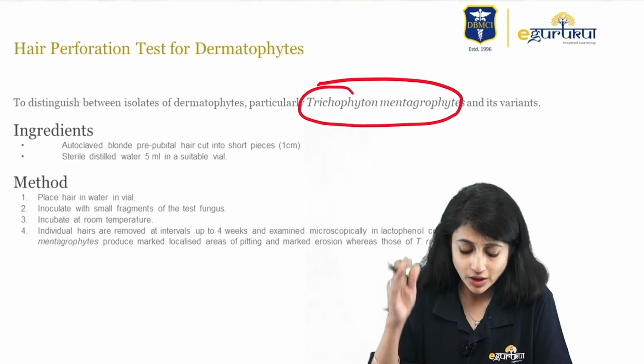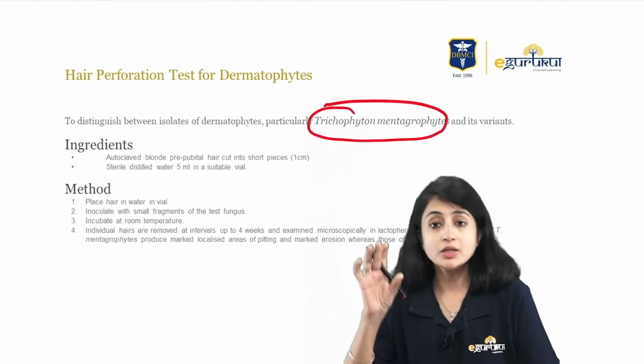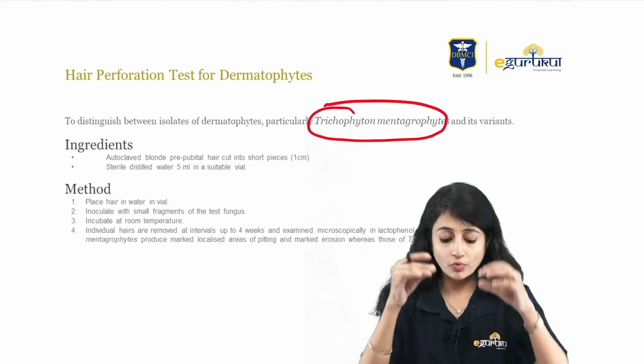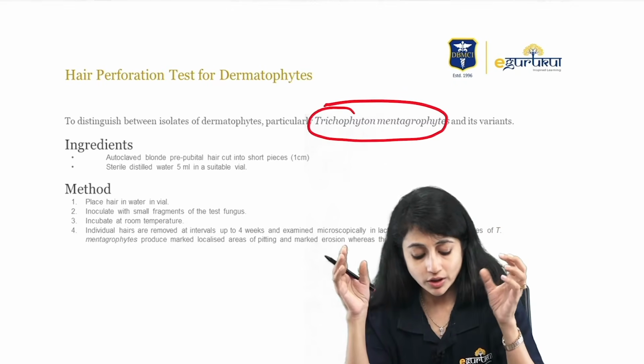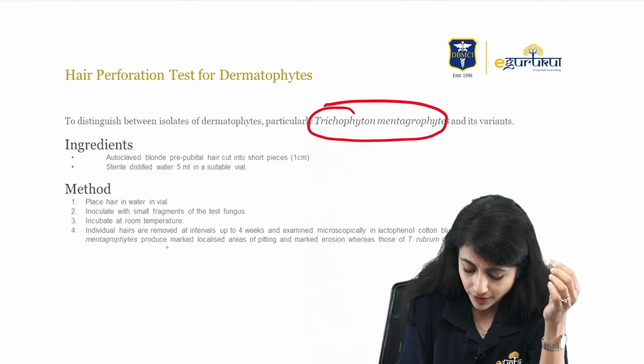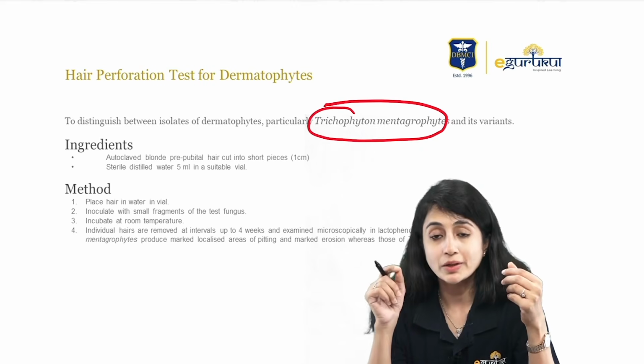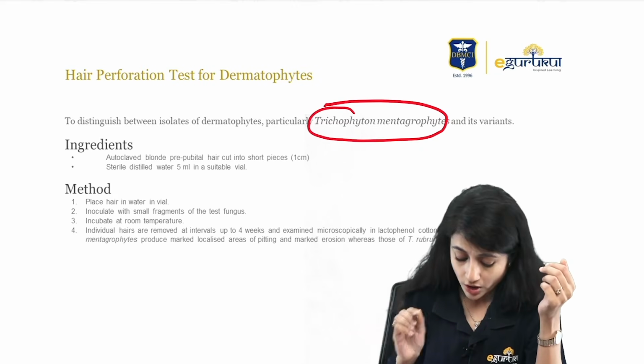What do you do? You take the hair, you cut it into short pieces and you put it in sterile distilled water. Now you inoculate it with the test fungus, and you examine the hair microscopically by adding lactophenol blue. Now what happens?